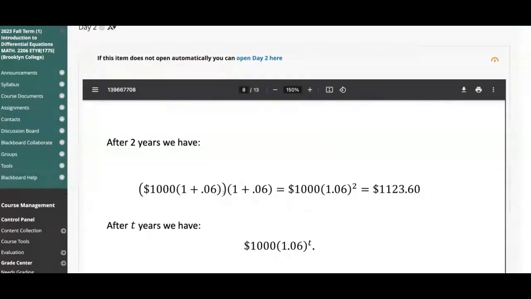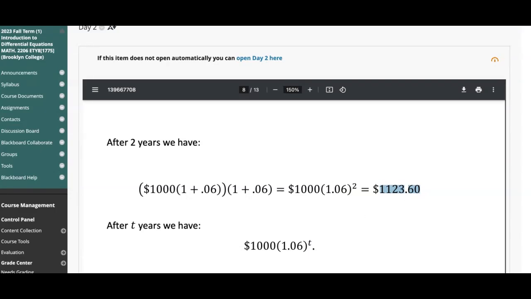After 2 years, now this is our principal for the second year. This is the principal itself, and this is the increase, the interest part. So we can rewrite this: 1 plus 0.06 is 1.06, and we have this multiplied by itself, which is this squared. So 1,000 times 1.06 squared, when we calculate, we get this much.